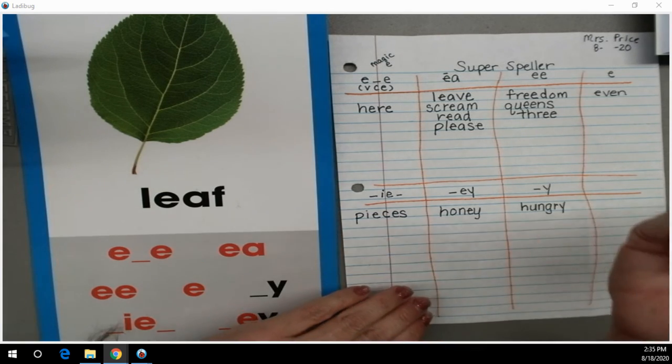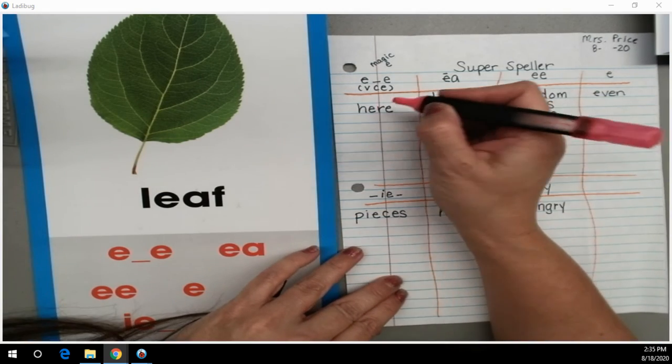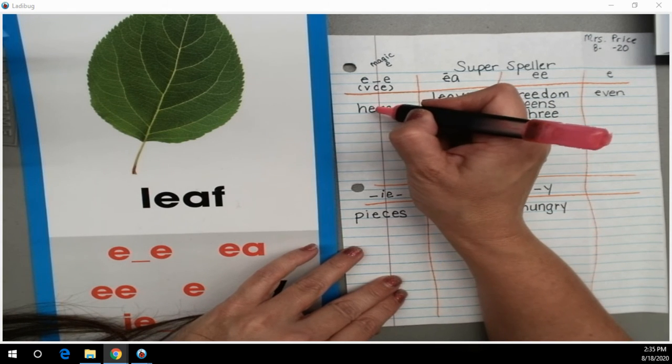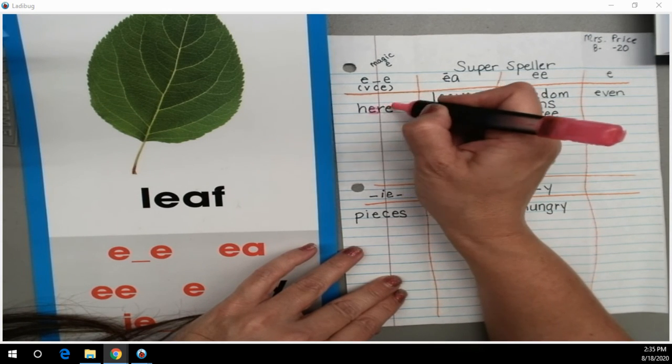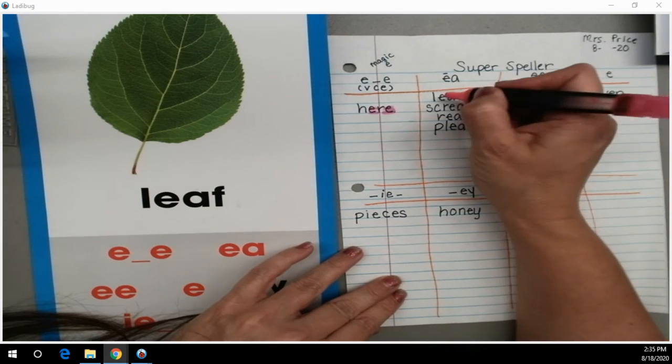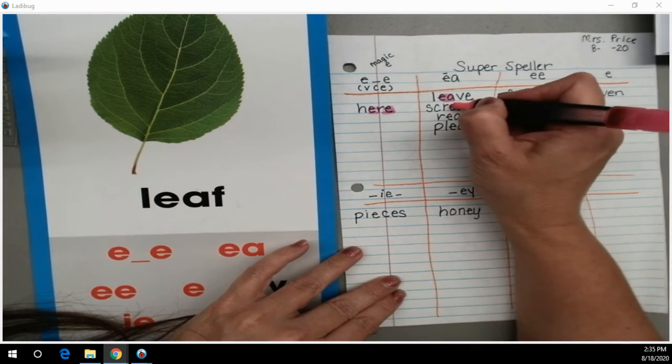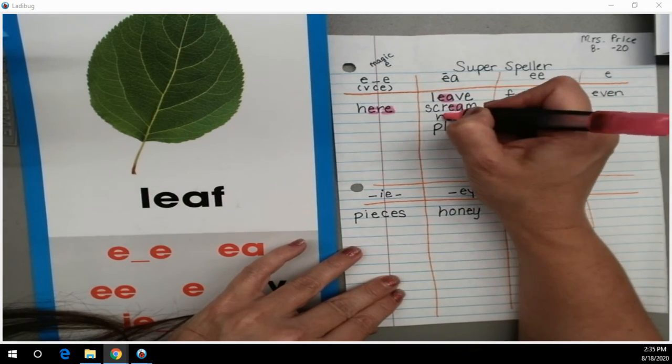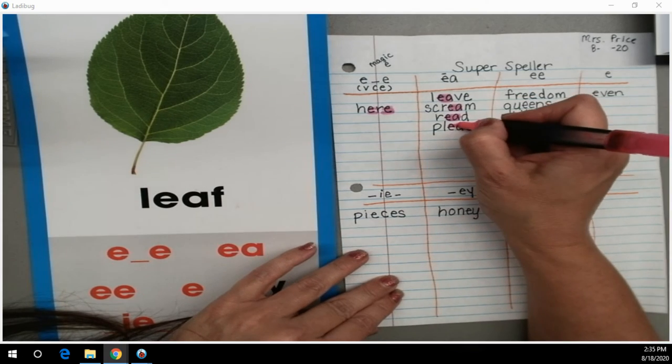And now I'm going to go on and I'm going to highlight the patterns in the middle. So here we have our vowel consonant E. So I'm just going to highlight vowel consonant E. Here we have our EA in the middle, EA in the middle, read, EA in the middle, please, EA in the middle.